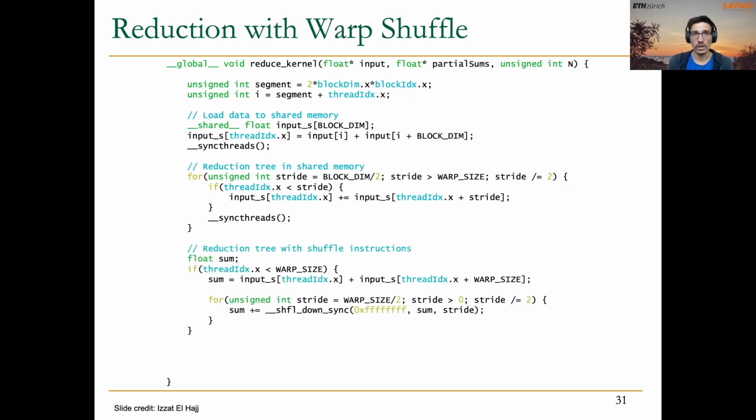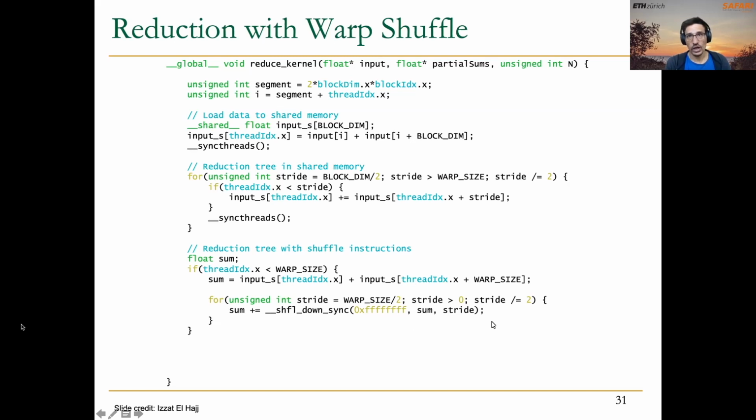But at some point, we will only have 32 more elements to add, so we only need to use the threads belonging to the same warp, and when that happens, when the active threads are those that belong to the last warp or to warp 0, we don't have to continue using shared memory only for one more addition here.